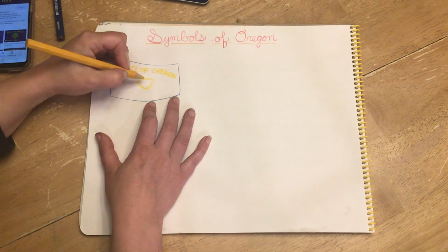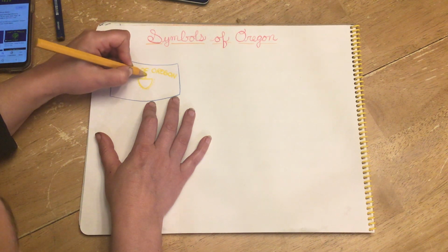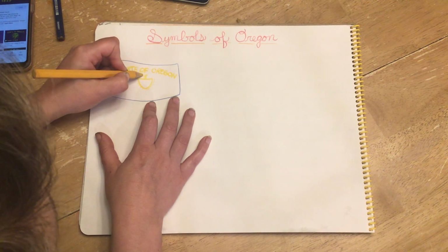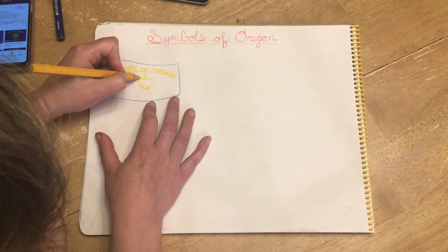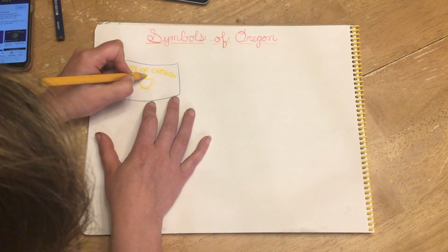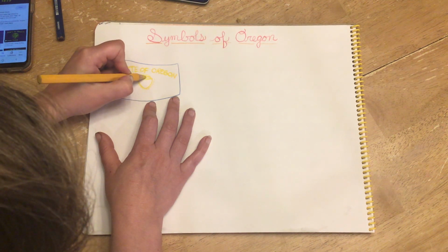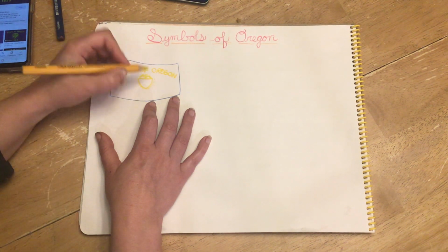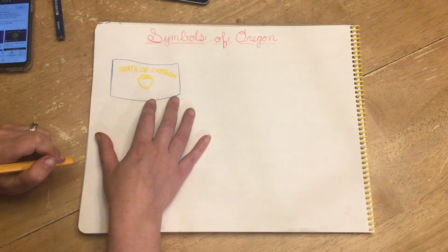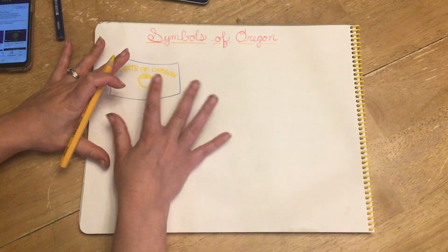And then above the shield, there is an eagle. So we're just going to draw a very simple shape of an eagle. And then inside the shield, there's a whole lot of Oregon symbolism inside the shield.